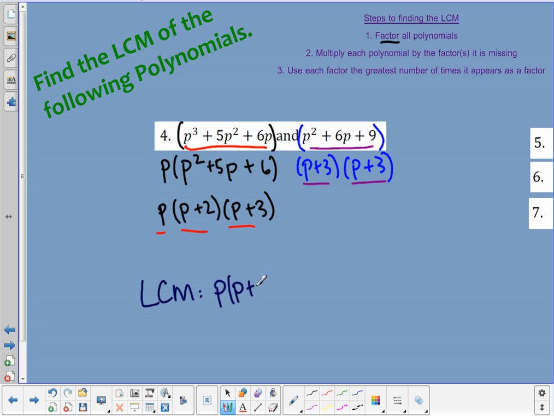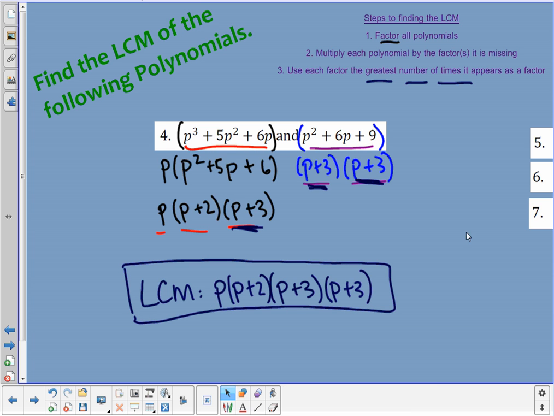So I need that. Then the p plus 3. I have one p plus 3 in this list, but I have 2 in this list. And I'm going to need it the greatest number of times that it appears. So it appears once in this list, twice in that list. That means I need it twice. So that's my LCM.